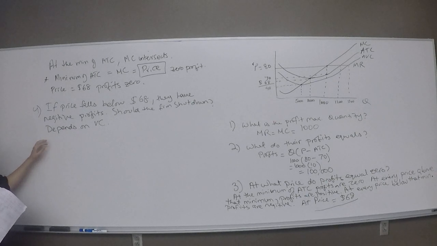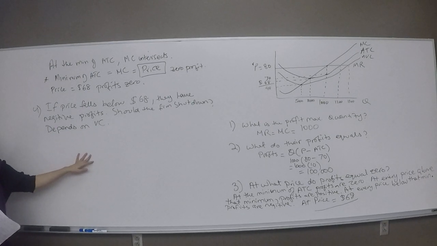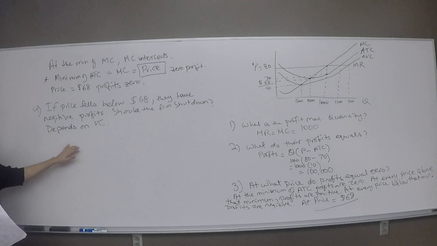Just having negative profits doesn't mean that firms should shut down. You have to know the variable cost. If total revenue is greater than variable cost, then you should continue to operate. If total revenue is less than variable cost, then you should shut down. Just having negative profits is not enough to shut down a firm. Okay?